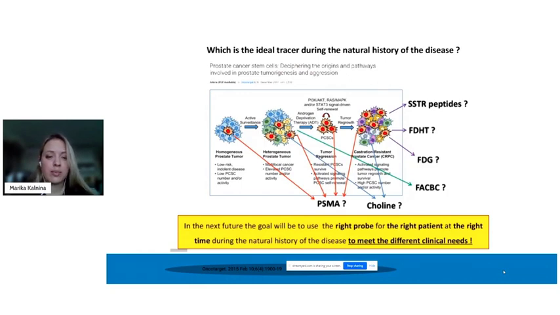We think that PSMA may be more for earlier stages, and for later tumor growth, for castration-resistant prostate cancer, we need to switch to FDG or to somatostatin receptor peptide PET-CTs. These are all different PET-CT ligands, and yes, we need to use the right probe for the right patient at the right time during the natural history of the disease, because the clinical needs differ.